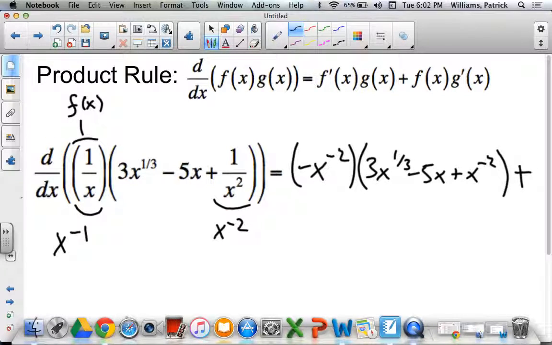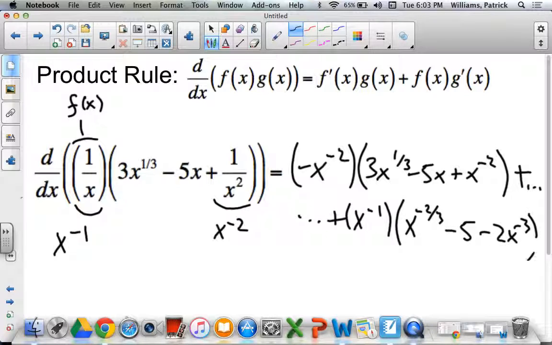Then we will add our first term, x to the negative 1, multiplied by the derivative of our second, which will end up giving us x to the negative 2/3 minus 5 minus 2x to the negative 3. All right? So if you could do that, you're all good to go on the product rule. If you're still a little bit confused about how to apply it, come to class tomorrow with questions ready.